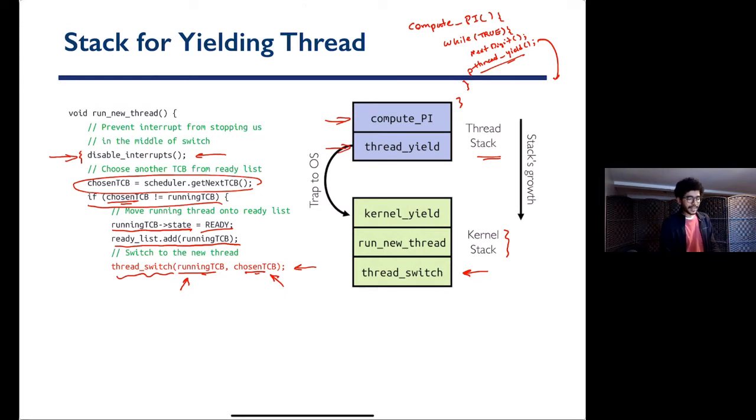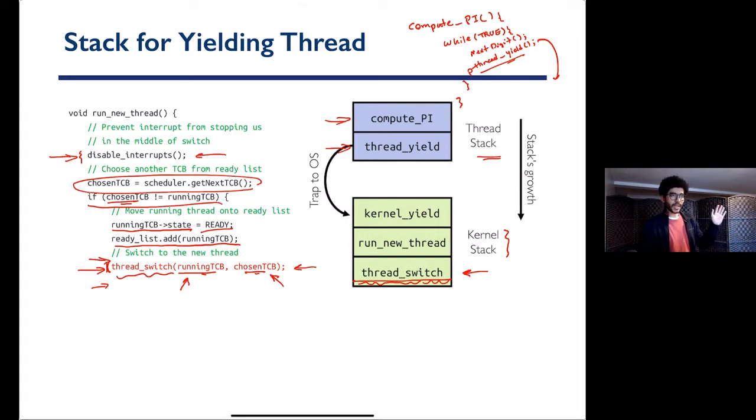So this function basically is not going to return at this point because we're going to pause here. We're going to context switch to someone else. Now, the magic is the return address where we want to return from this guy has been pushed on the stack. So here I have the return address of this next line. Next time I context switch back to this thread, I'm going to continue from the next line.